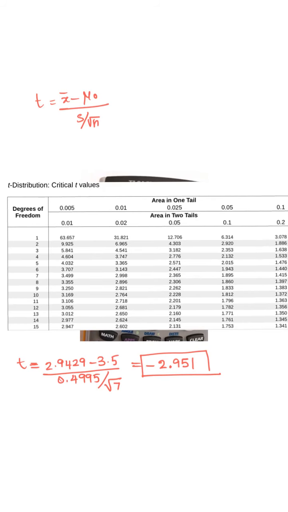Now let's compute the p-value. So step 4 is computing the p-value. Here the degrees of freedom is n minus 1, that is 7 minus 1, so 6 degrees of freedom. Look at the row for 6 degrees of freedom and look for the t value.